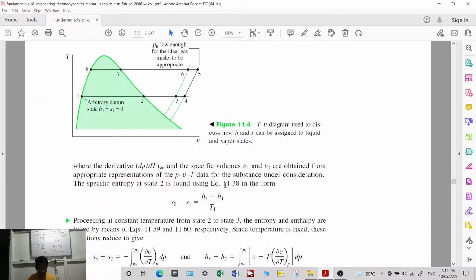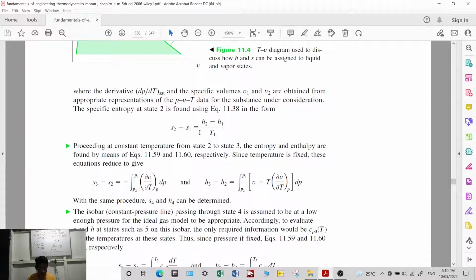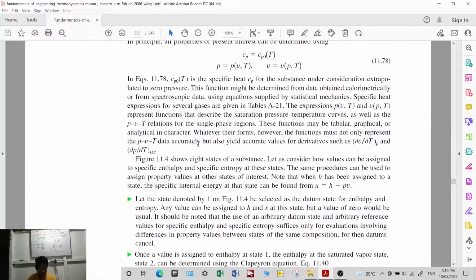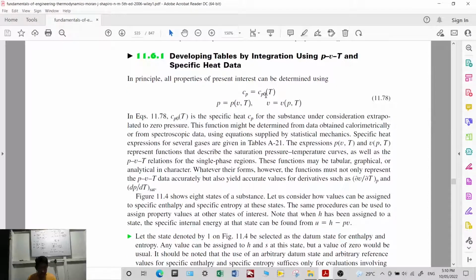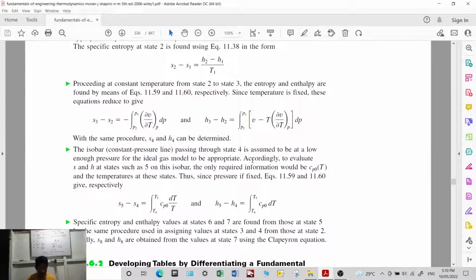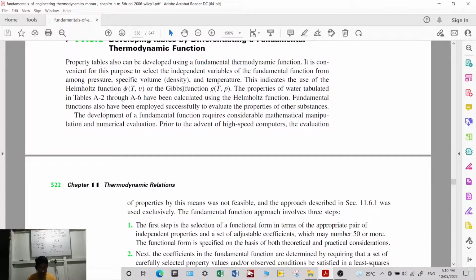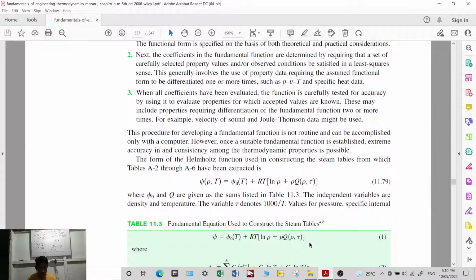First is using the specific heat at zero pressure, but we can also use thermodynamic functions like the Helmholtz function and the Gibbs function.